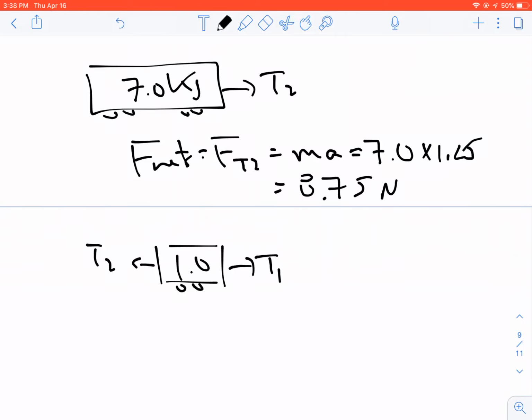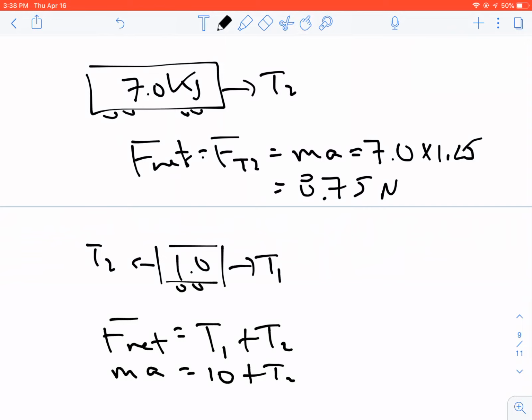Now, if I say, what is going on with this particular toy? Well, if I was to write out the F-net statement, F-net says there are two forces acting here, T1 force and T2 force. And the F-net, we know is ma, and we know that T1, given in the question, is 10 newtons, and T2 is unknown.